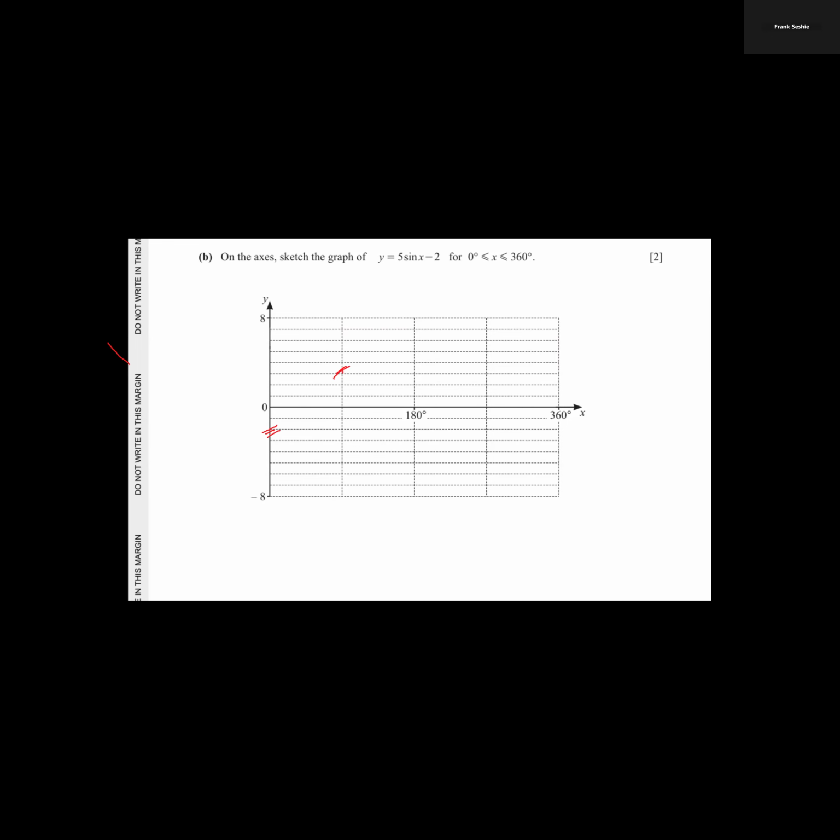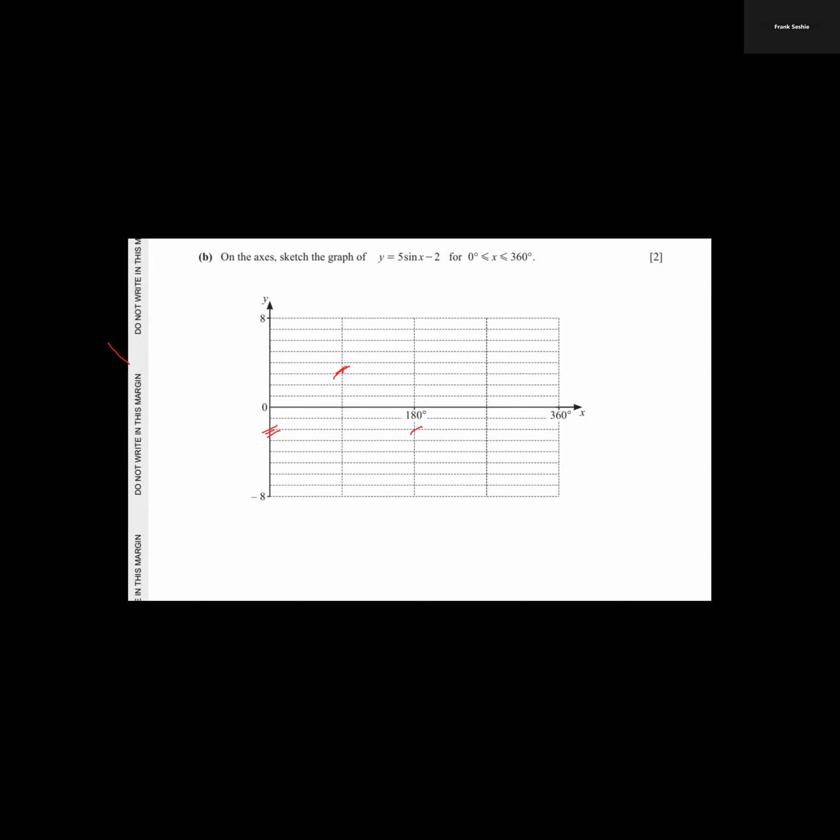Then 180. Sin 180, that's the second quadrant. So that's going to be 0, so 0 minus 2 here. Then 270, that's the third quadrant.